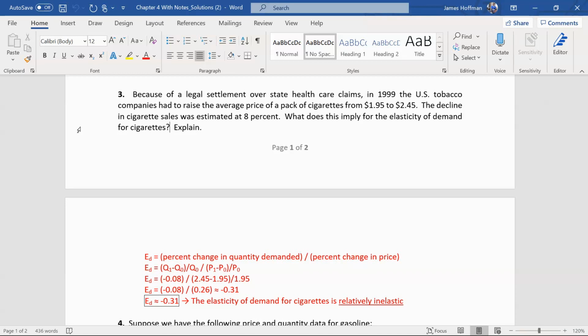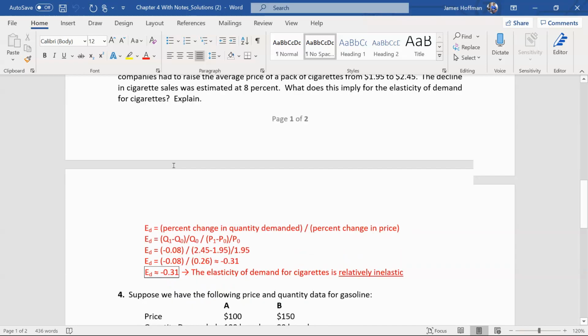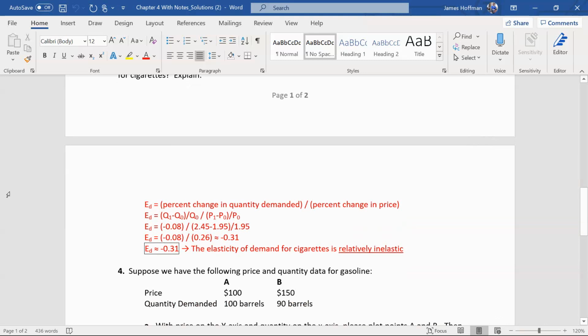So let's use this information in the word problem to calculate the elasticity of demand for cigarettes. The elasticity of demand is, we know, the percent change in quantity demanded divided by the percent change in price, right?